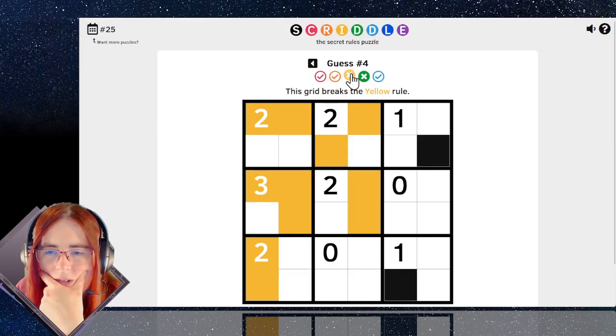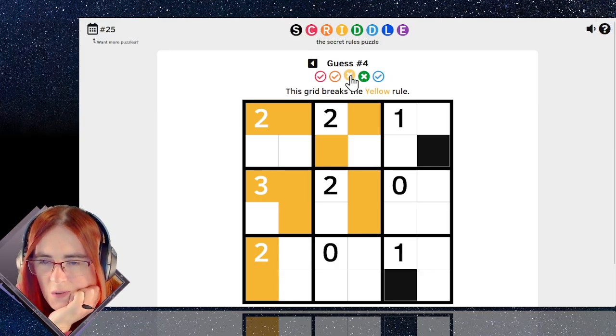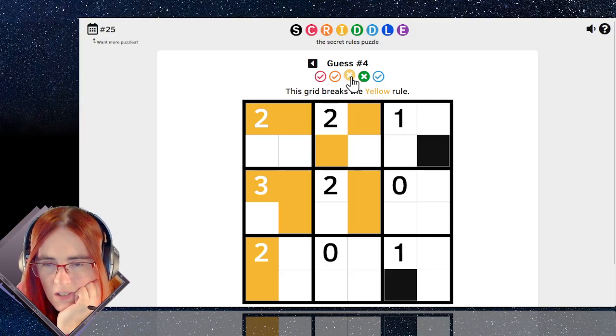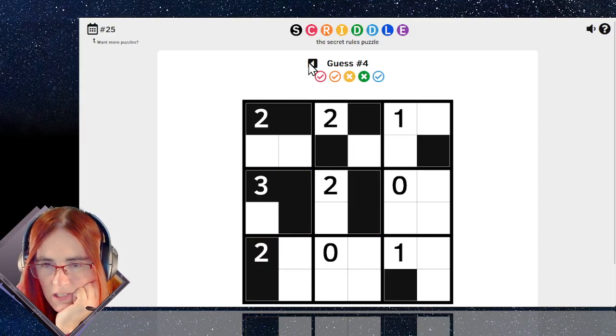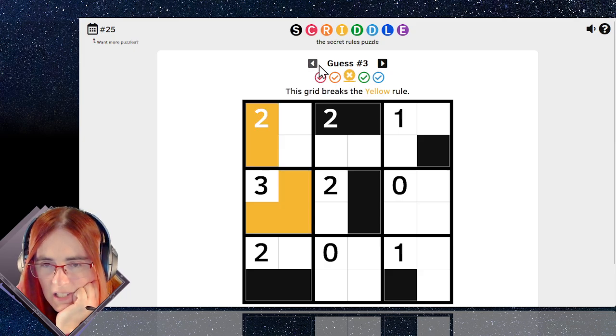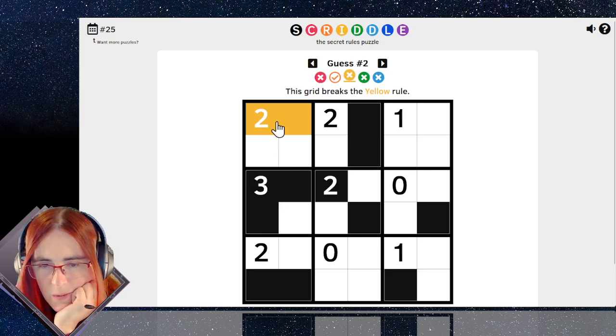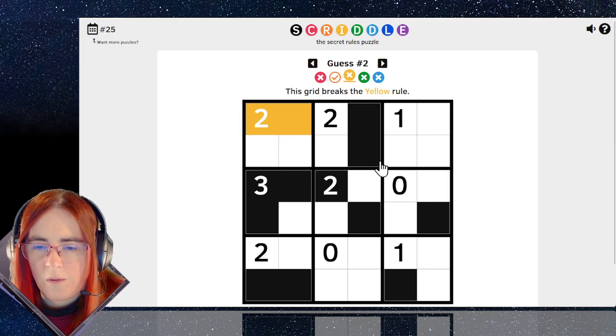Oh. So I mean, this makes me feel like the yellow rule is about connectivity, but I don't think that can be true because this one failed the yellow rule.